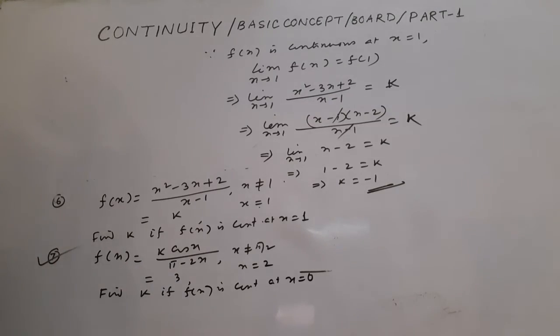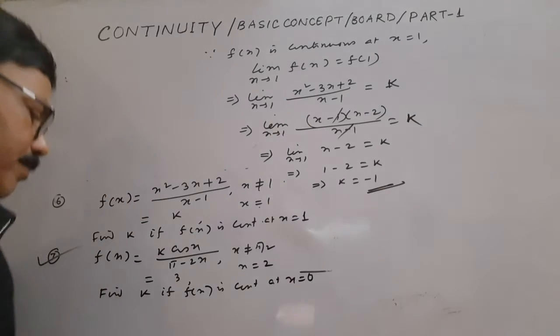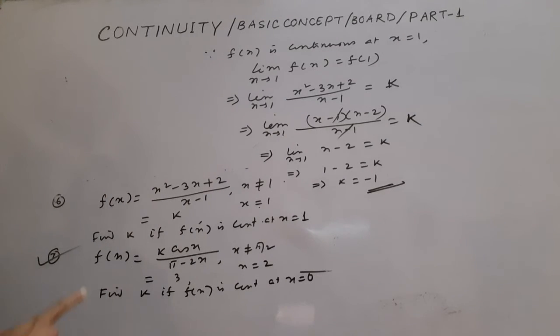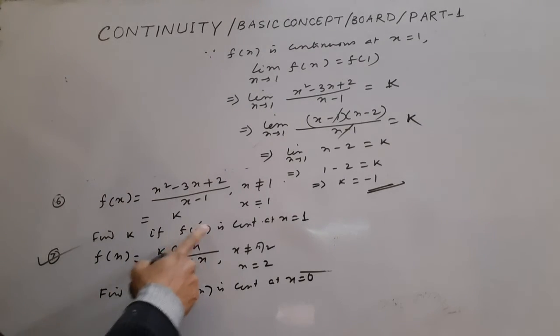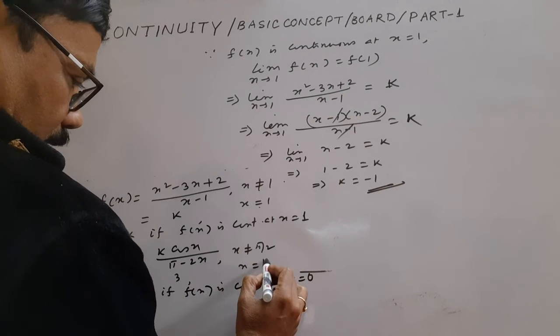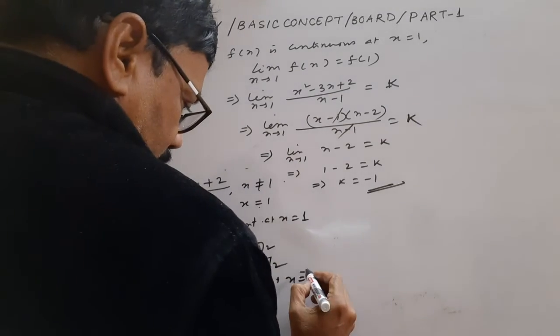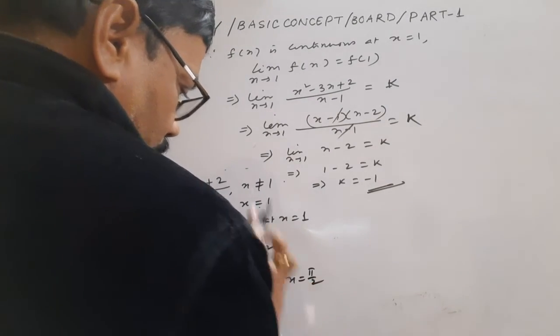So finally, problem number 7. So exactly the same problem. fx equals to k cos x by (pi minus 2x), x not equals to pi by 2, and equals to 3 at x equals to pi by 2. Find k if it is continuous at x equals to pi by 2.